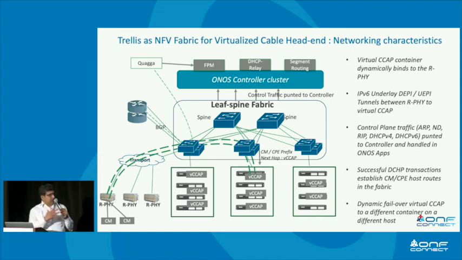This is where some of the scale requirements come in. When we are talking about 15K, 20K cable modems, it starts to put in about 120,000 routes in the fabric. So that's the characteristic of end subscriber connectivity.